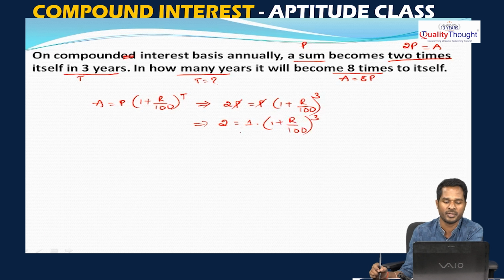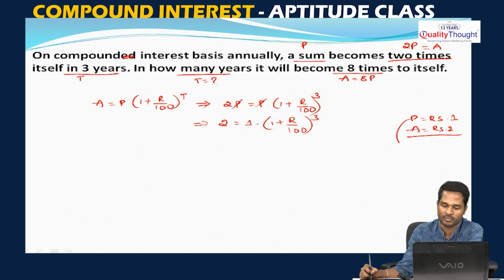From this we can understand, if my principal amount is 1 rupee, it becomes a total amount of 2 rupees in 3 years. Now, the question is in how many years will this become 8 rupees?